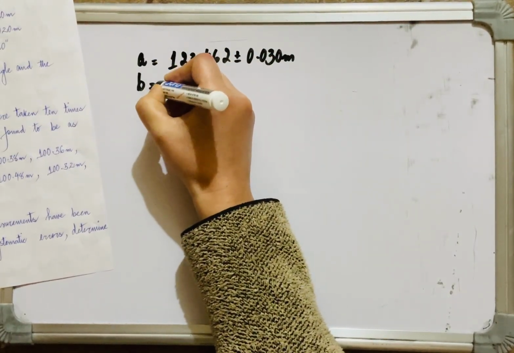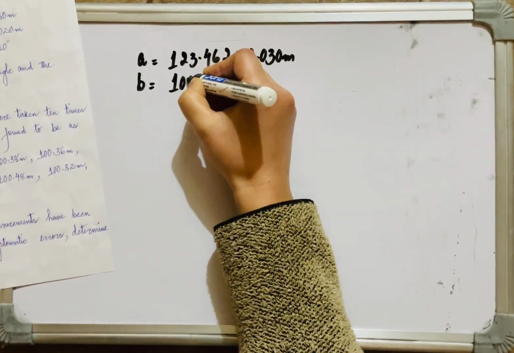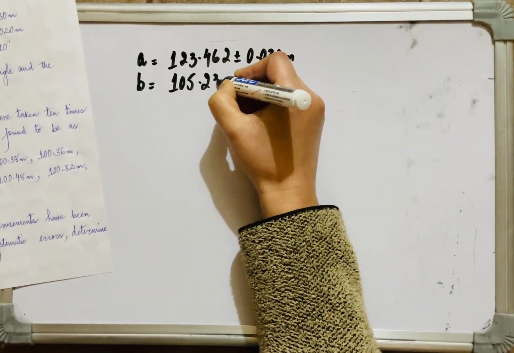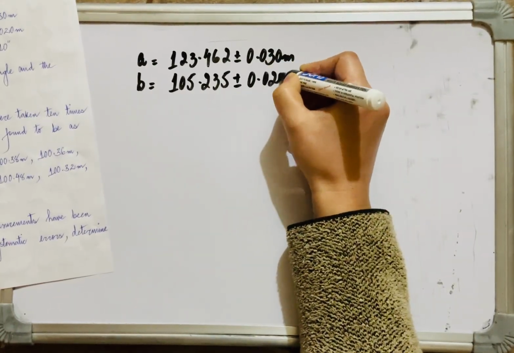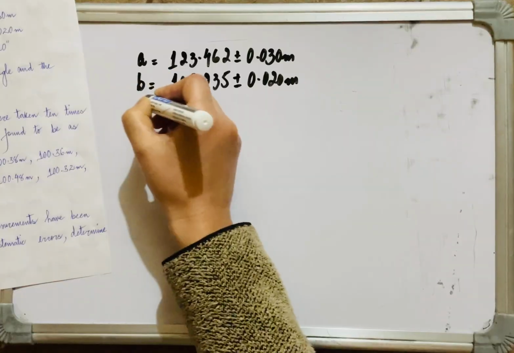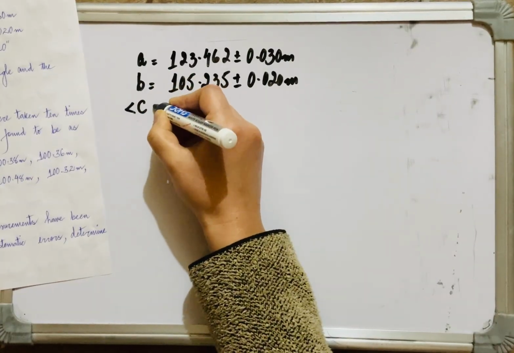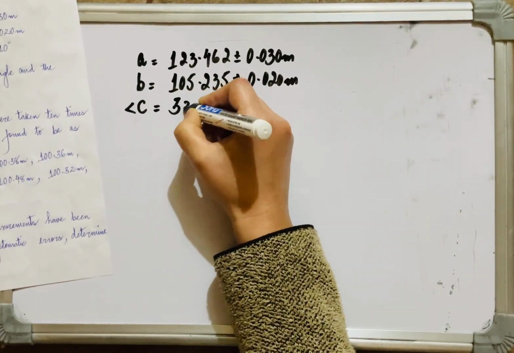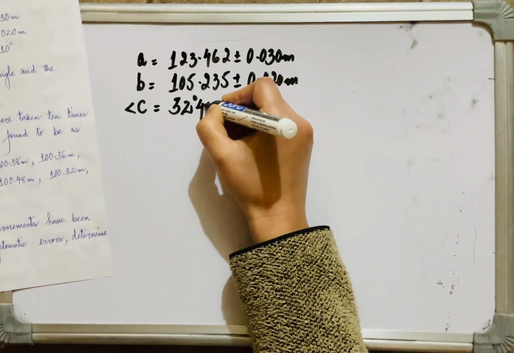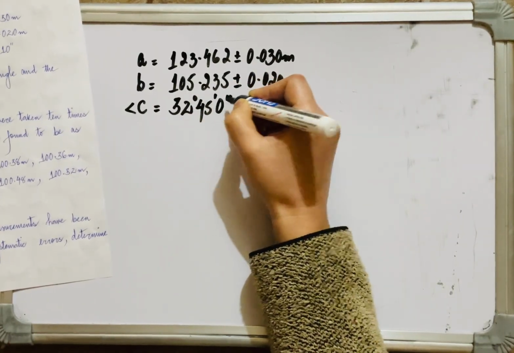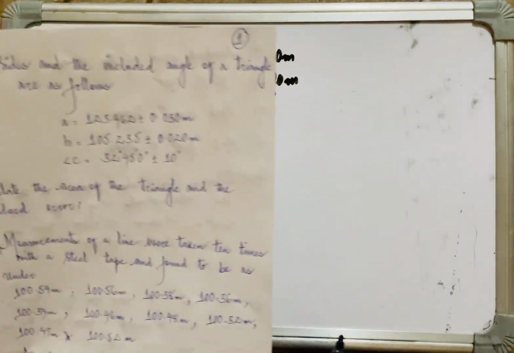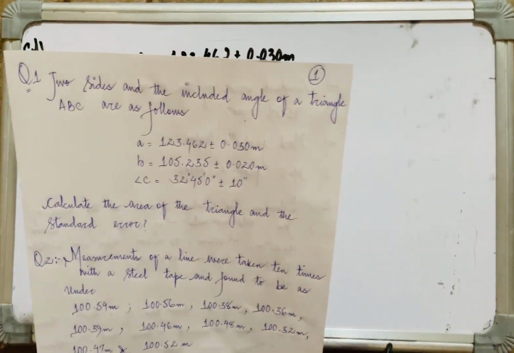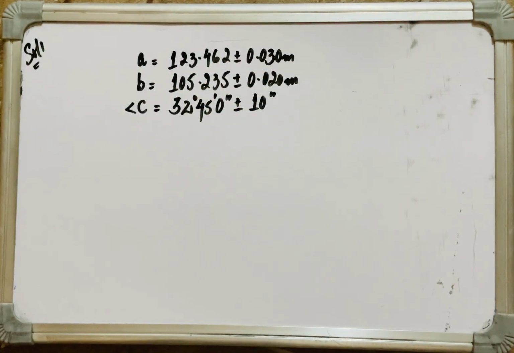The second side of the triangle that has been given is 105.235 plus minus 0.020 meters, and included angle C has been given, which reads as 32 degrees, 45 minutes, 0 seconds, and plus minus 10 seconds. We have to calculate the area of this triangle along with the standard error. All right, so let's do it.